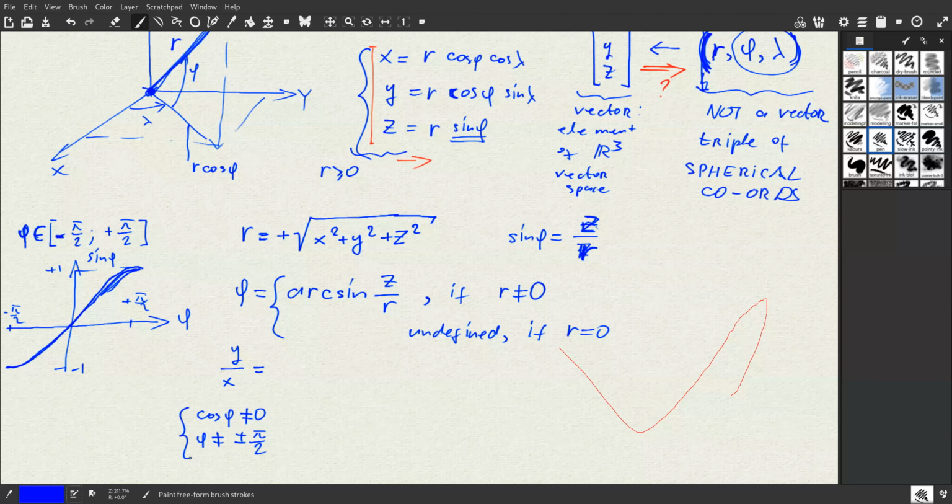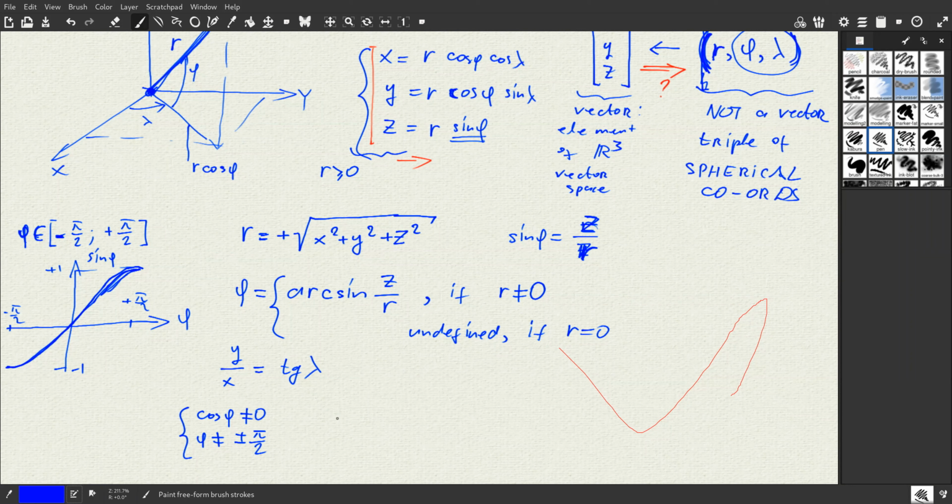Only in that case we can do it. y divided by x is equal to tangent lambda under this genericity condition that we are not at the pole. Indeed, at the pole, the longitude lambda is not defined in general, right? Okay, it is not 0, so what do we do then?